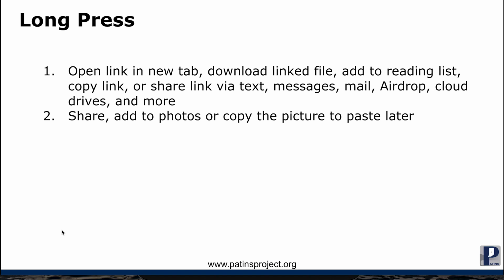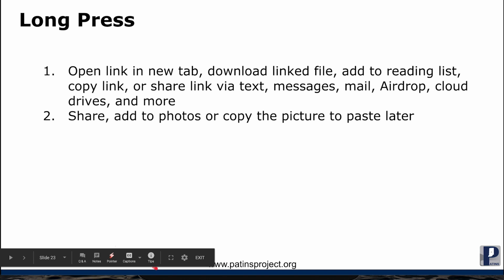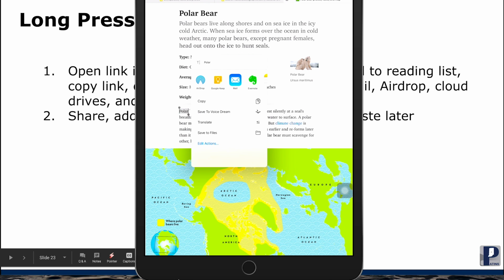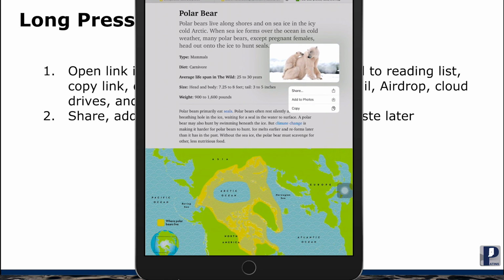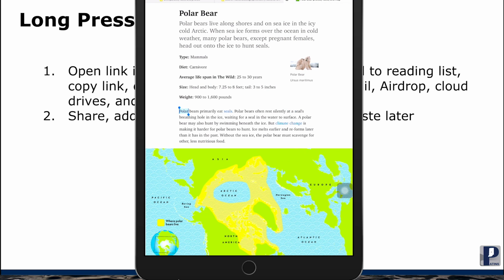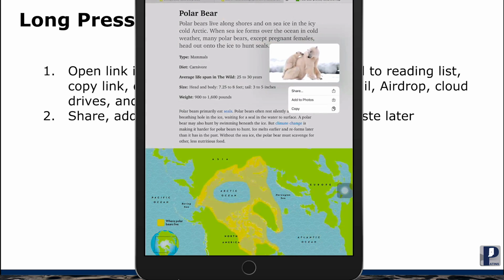And then share and add photos. Let me show you this one real quickly. If your students wanted to grab this picture and use that for their project, of course, giving proper credit, they can share it, they can add it to their photos, which is going to add it to the photos within my iPad.